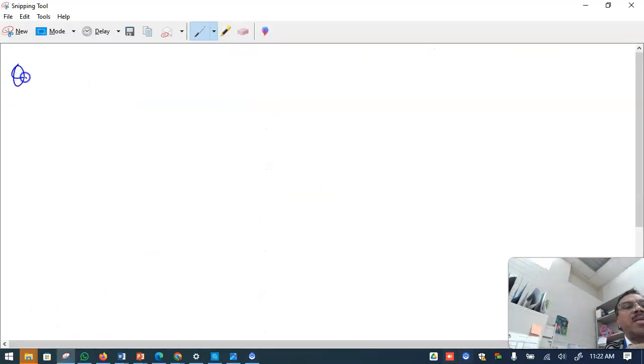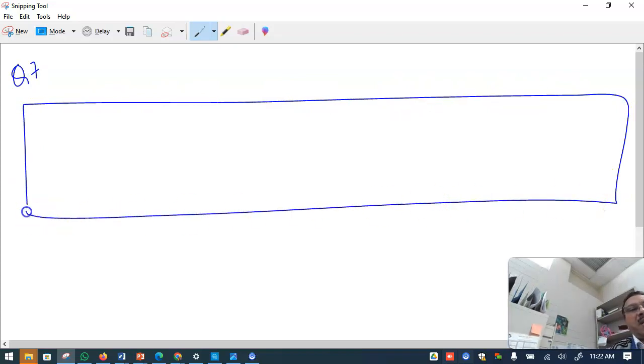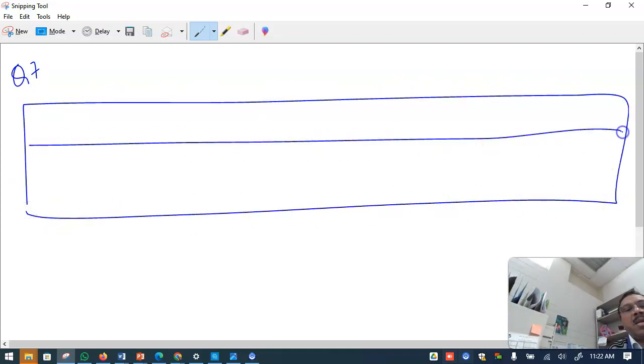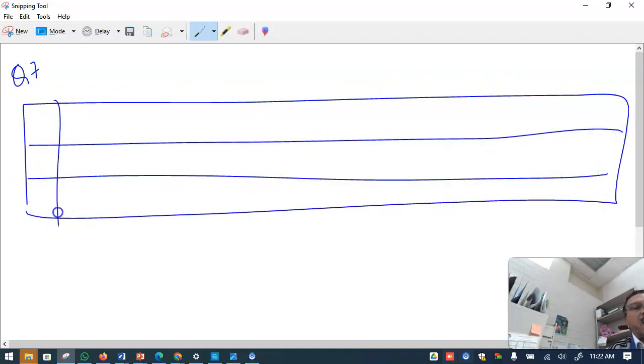For question number 7, basically what you're doing is you're trying to fill this. I'm going to write this starting with 0, and we need to know the terminal point coordinates, right? For different angles, and they give us pi by 6. You just add 1 pi by 6, 2 pi by 6, 3 pi by 6.